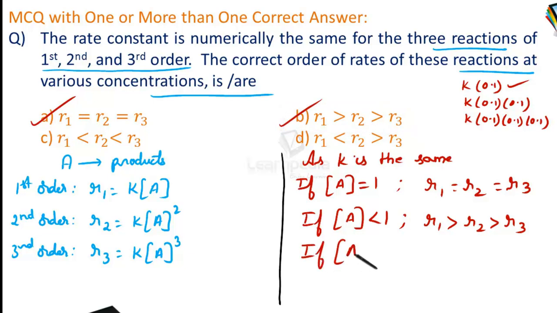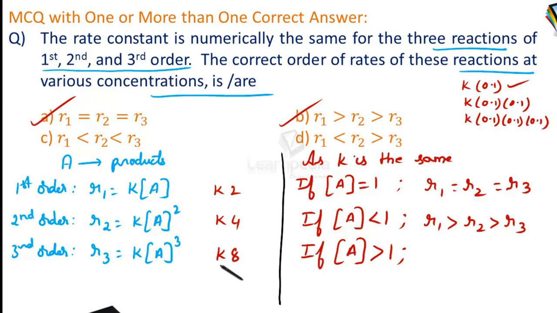If the concentration of A is greater than 1, then what happens? Suppose we take the concentration of A as equal to 2. Here it becomes K into 2, and here it becomes K into 2 square, that is 4, and here it becomes K into 2 cube, that is K into 8.